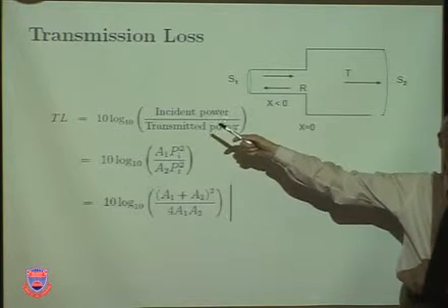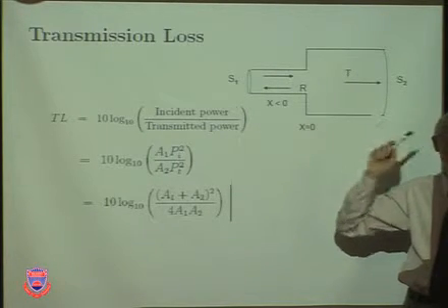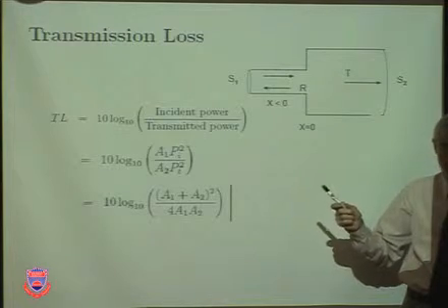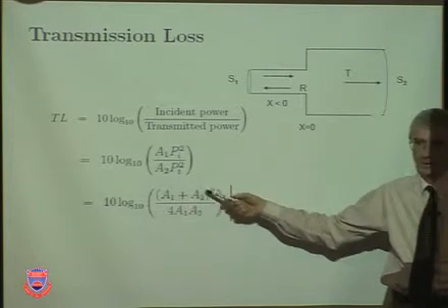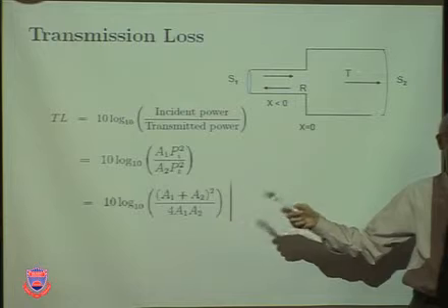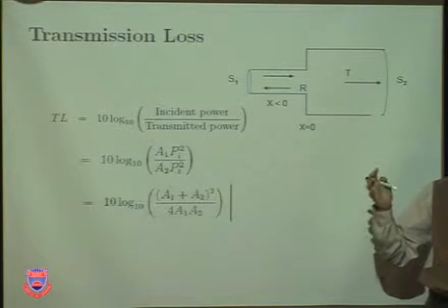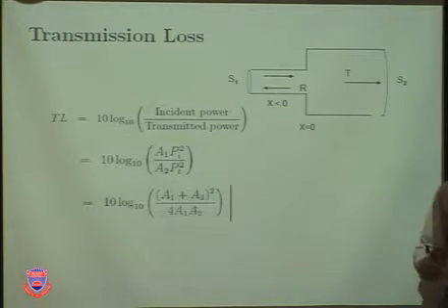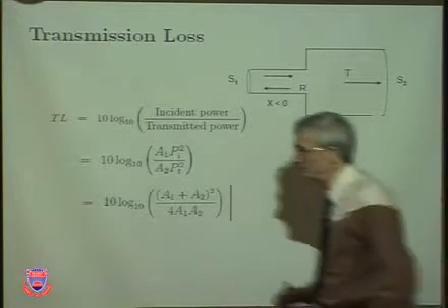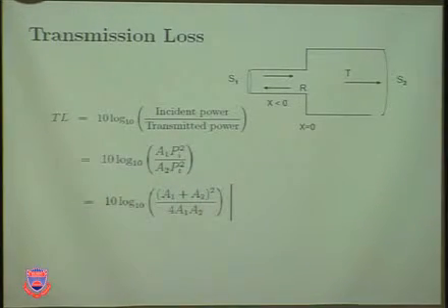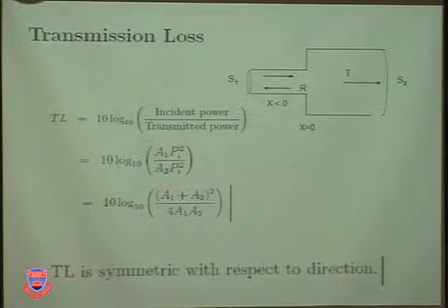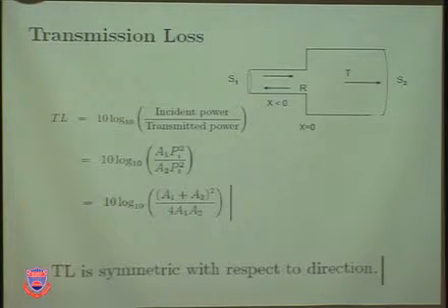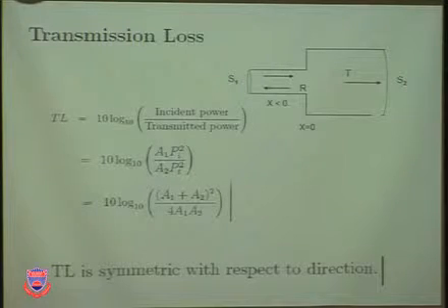Doesn't matter which side it comes from. As long as there's a change, all you need to know is the area sizes, but not the direction. It's an impedance change. That's all the sound field cares about. Okay? Transmission loss is symmetric with respect to its direction.